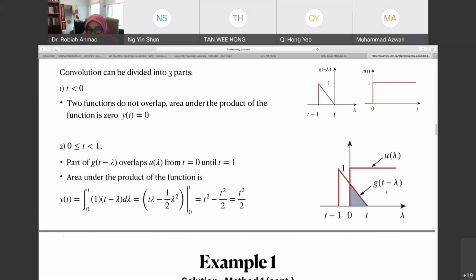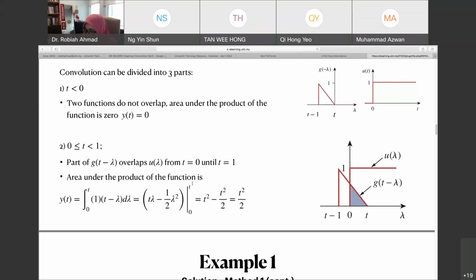Okay, so this is g(t minus tau). And then when we do the integration, this will be the answer. I just copy the answer: t tau minus tau square over 2, evaluated between 0 to t, which is t square over 2.